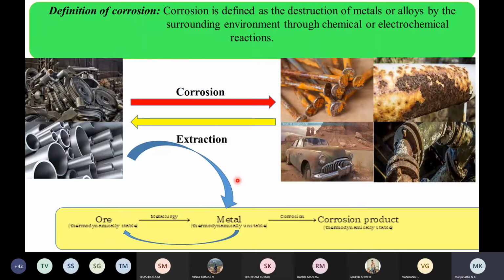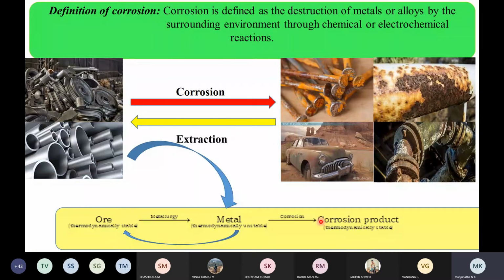Therefore, once it is exposed to the environment in the presence of air or oxygen and moisture, it undergoes corrosion, where loss of metal takes place and it gives the corrosion product, an oxide layer. For example, if iron undergoes corrosion, a hydrated ferric oxide layer forms. That ferric oxide layer is called the corrosion product.